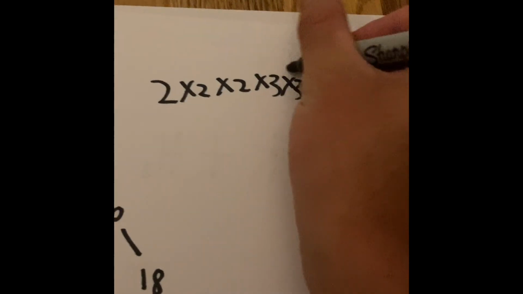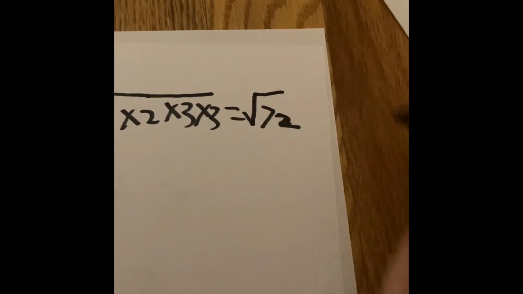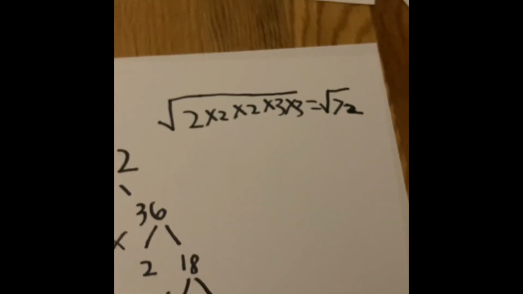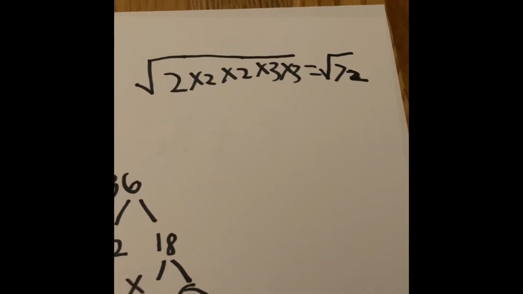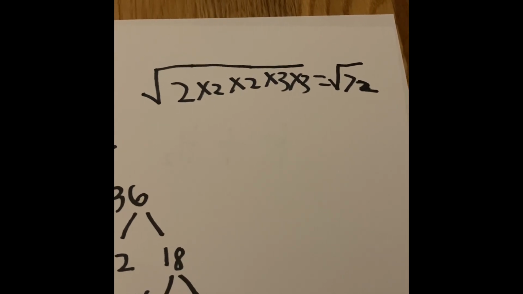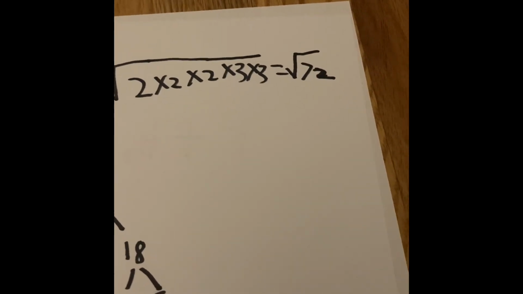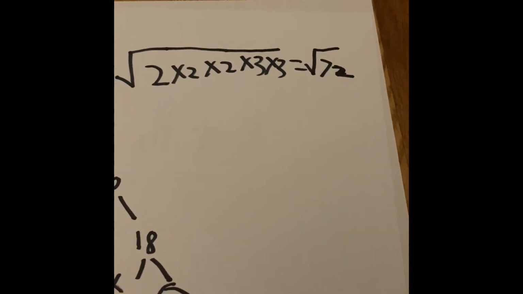We can also say the square root of the product of all this is going to equal the square root of 72. So now what we've got to do is find the simplified radical. What we can do is cross out numbers so we can get to our final answer. So let's see how it works.